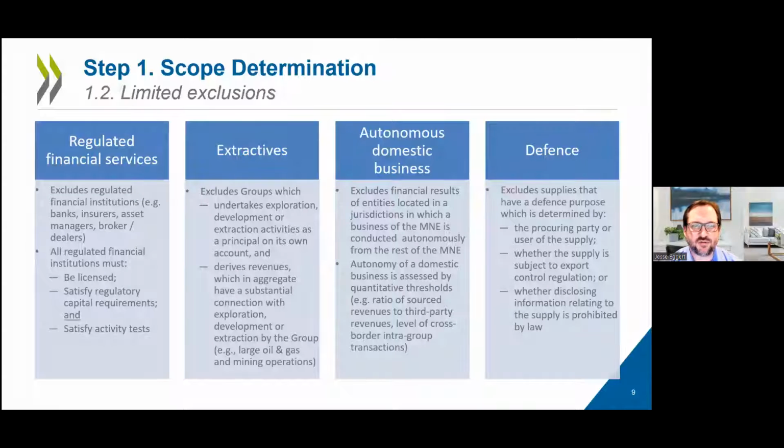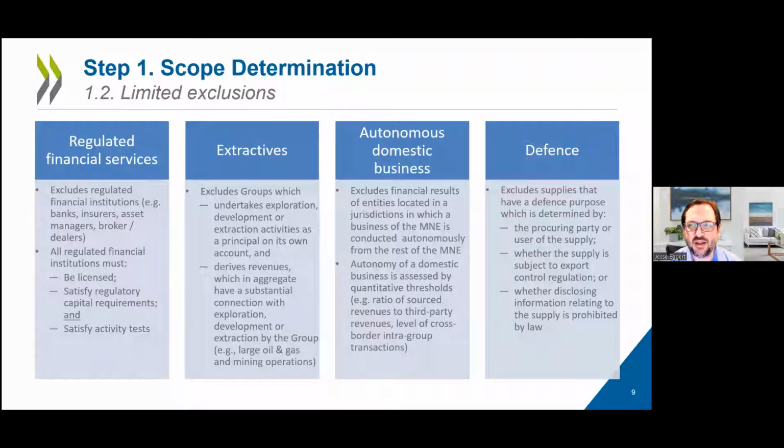So there's relatively little interaction between that autonomous domestic business and the rest of the group. Finally, we have an exclusion for supplies with a defense purpose. So, the defense exclusion. How do you determine that purpose? Well, you look at the procurement or use. Is it procured or used by a government body that's created to perform defense or intelligence functions?